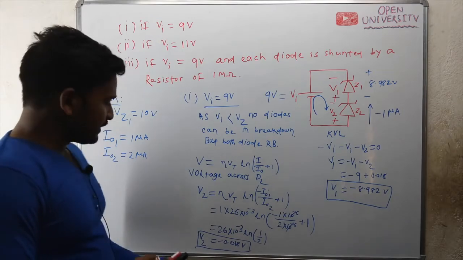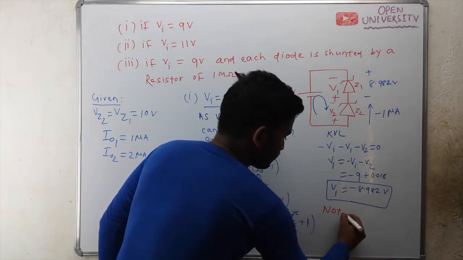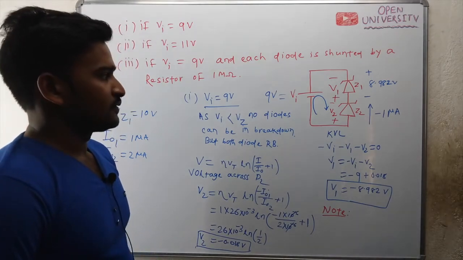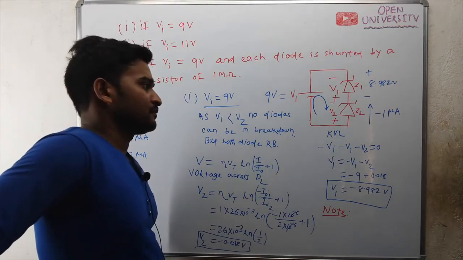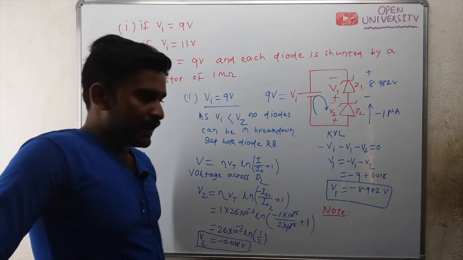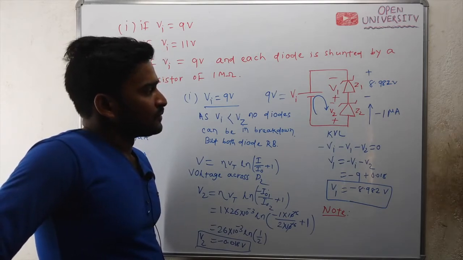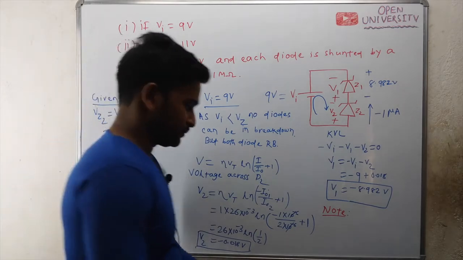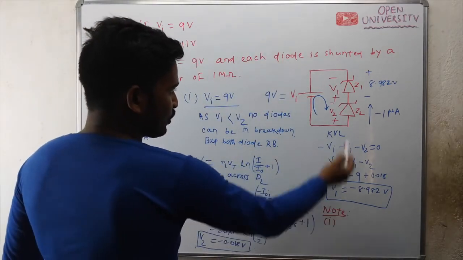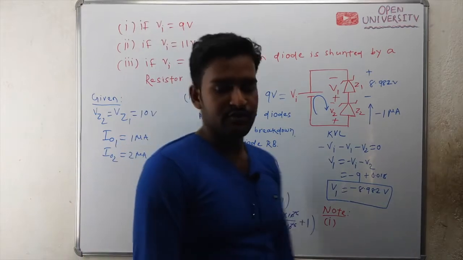Write down one note: when two diodes are connected in series and in reverse bias, first point, maximum voltage will drop across the diode which has smaller reverse saturation current.